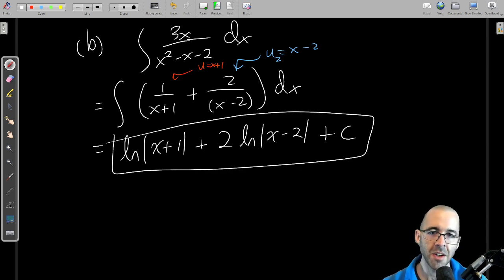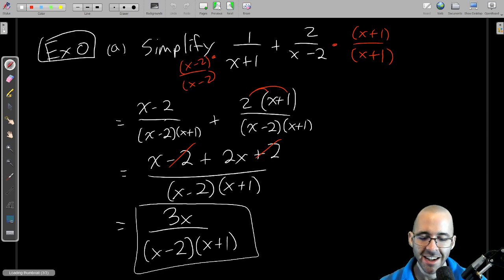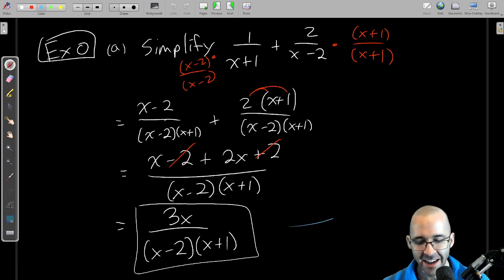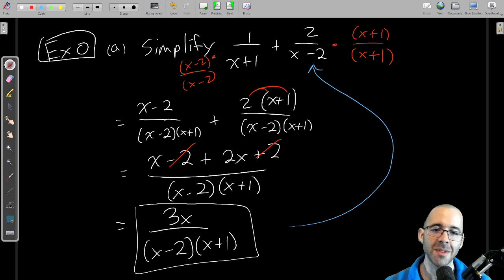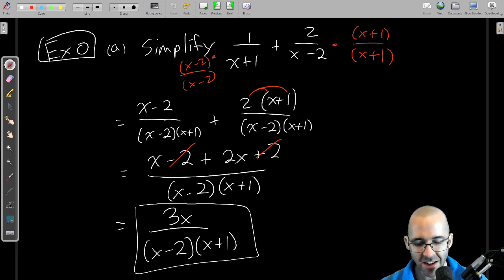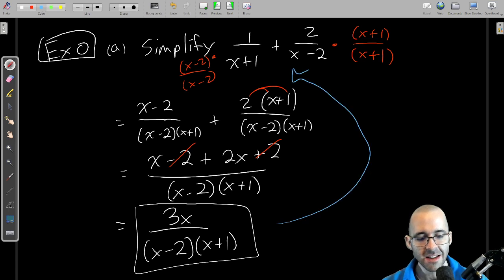And that's what we're going to be doing today. This integration is really not the important part of today's video. The integration part is the easy part. Calc 2 is the easy part here. The hard part is going to be this partial fraction decomposition. If I start with some fraction like this, some rational function, can I split it up?